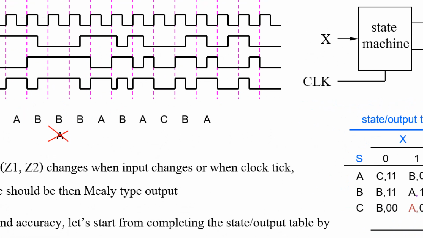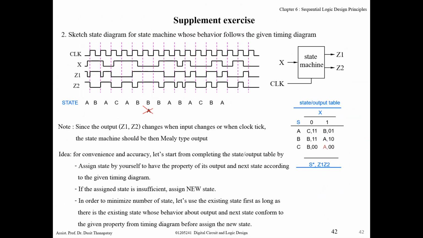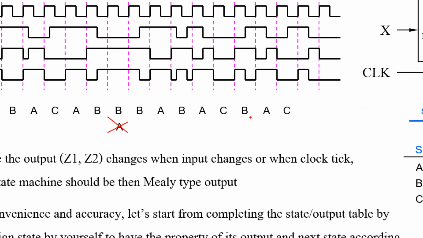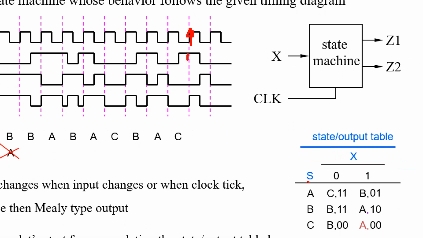And then at state A, when clock tick, input is 0, let's go to state C. Output is 0, 0, right? State C. So it's okay for now. And then at state C, when clock tick, input is 1, it should go to state A, right?